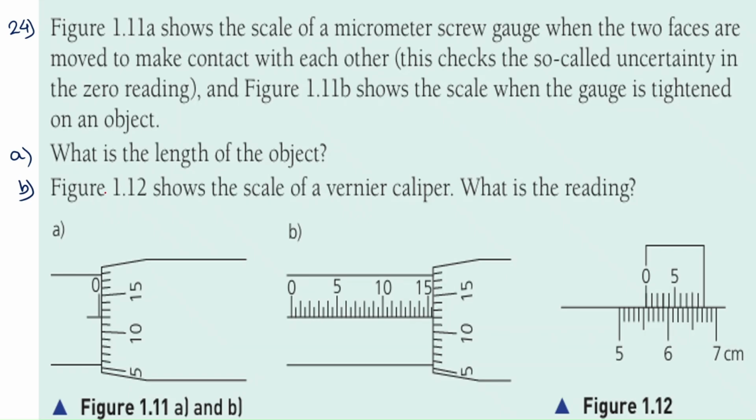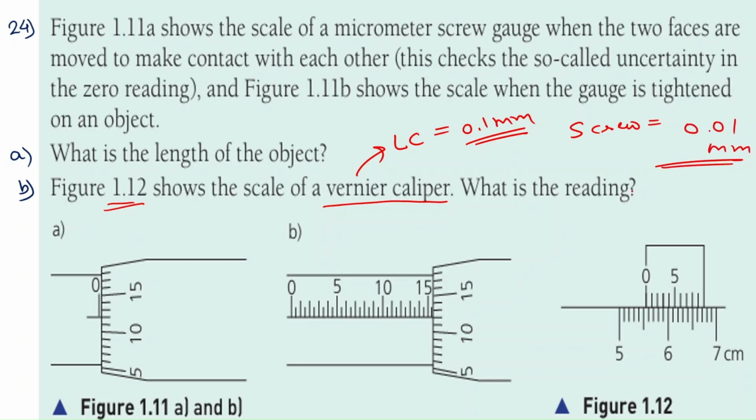Now, in B, there's a figure, consider figure 1.12, which shows the scale of a vernier caliper. In the case of vernier caliper, you have a least count of 0.1 mm. Okay, in the screw gauge, you have 1 mm. Try to remember it.